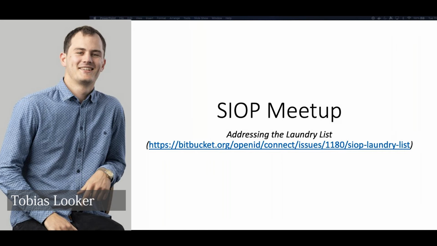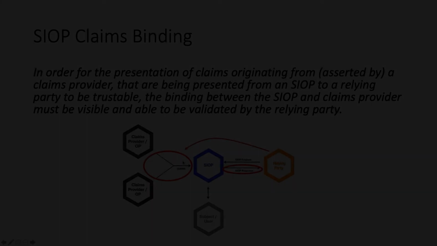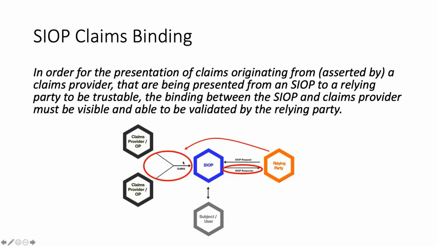So first off, this issue's been discussed in a variety of ways. I tend to call it claims bindings, which is the idea that you have claims providers, or traditional OpenID Connect providers today, and then you have a component, the SIOP in the center, that can connect to these providers as a provider of claims, and then field requests through a SIOP request and response.